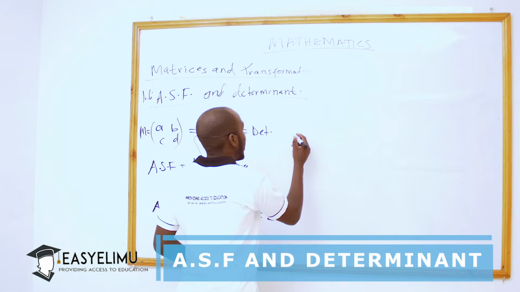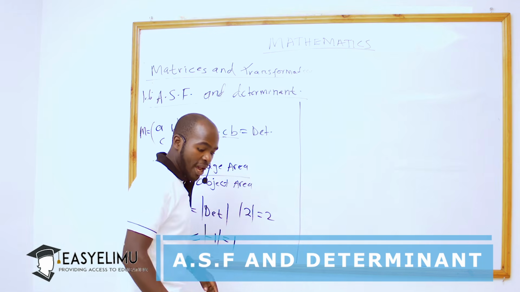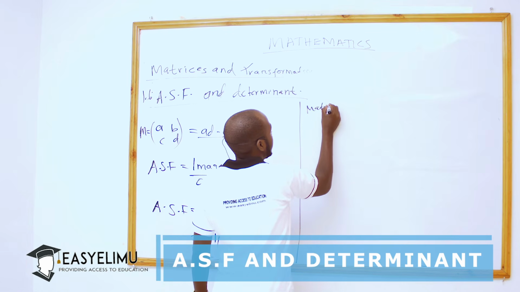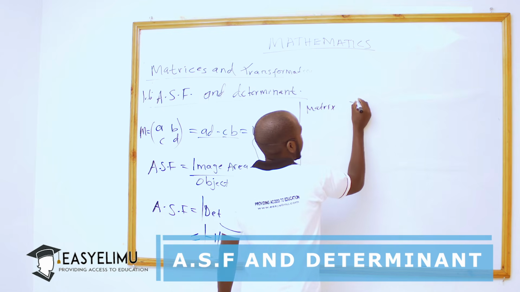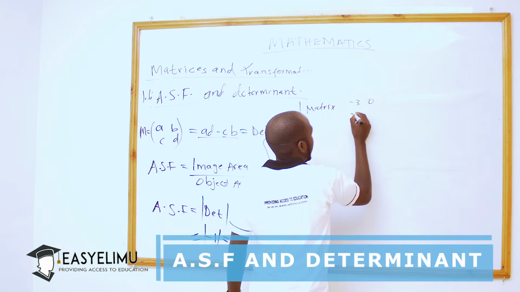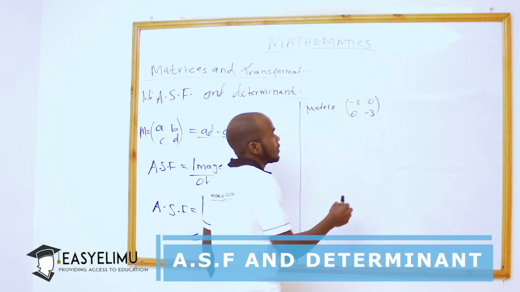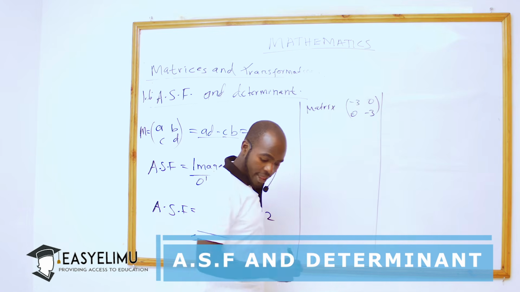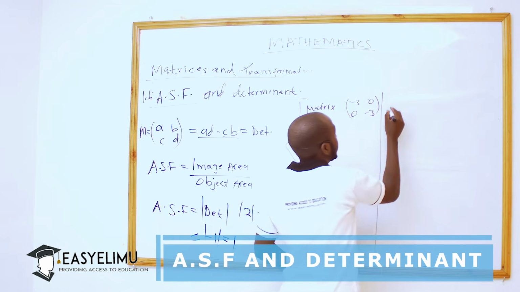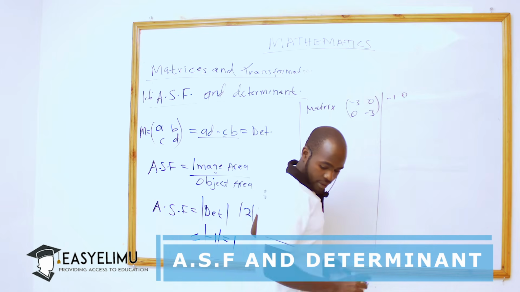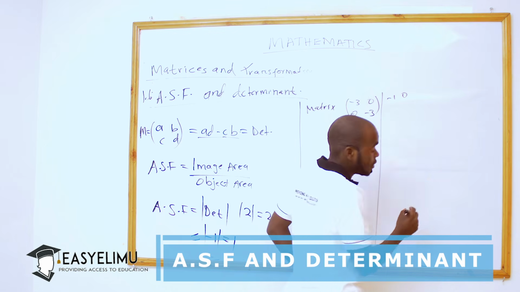For instance, we can do a little practice on that by taking a matrix, for example, -3, 0, 0, -3. That is our first matrix. And then we have another one like -1, 0, -1, 0, 3, 1.